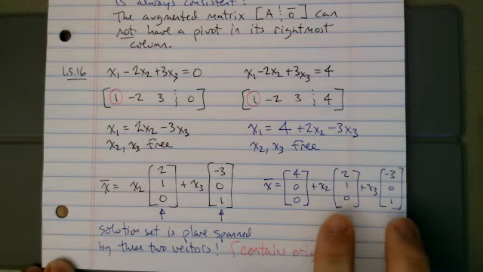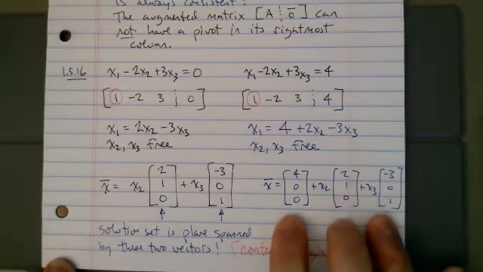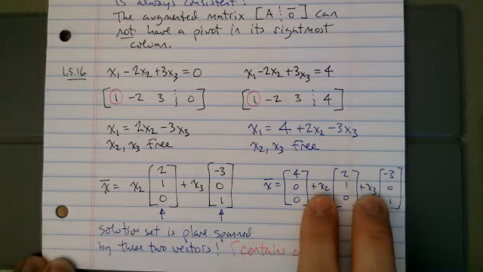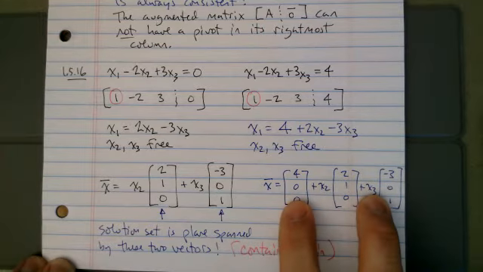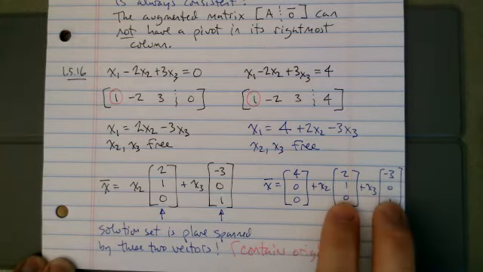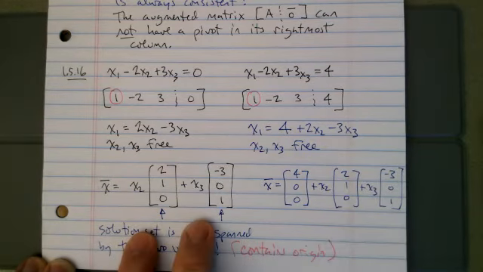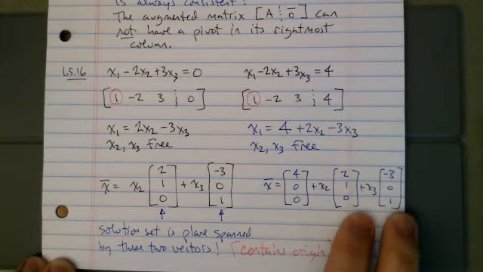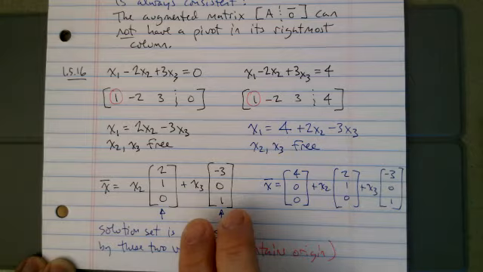So the solution set for the non-homogeneous equation is a plane because it has 2 vectors that have weights on them, and then 1 fixed vector. This solution set is parallel to the solution set of the homogeneous case and shifted through the point 4, 0, 0. This is a shifted version of the homogeneous case.